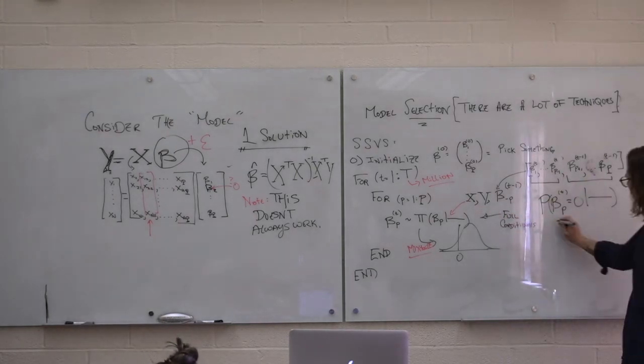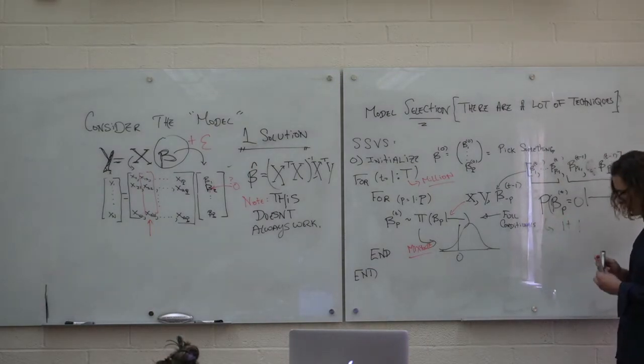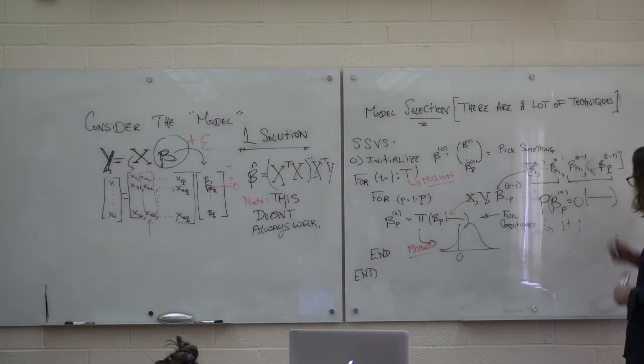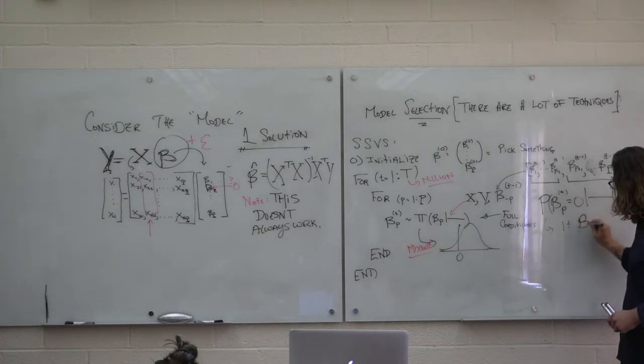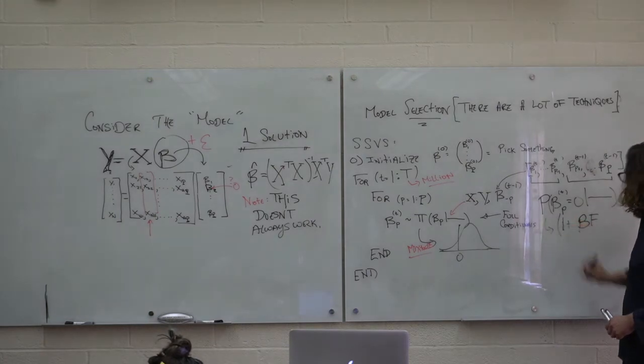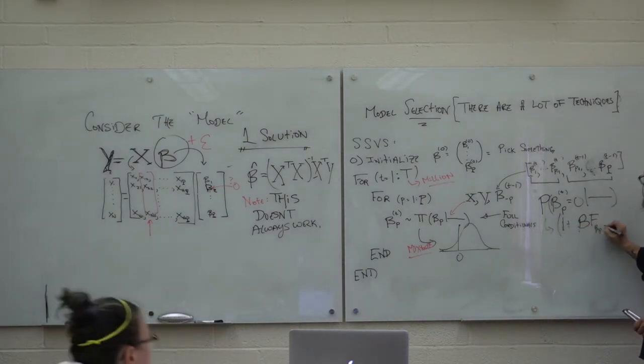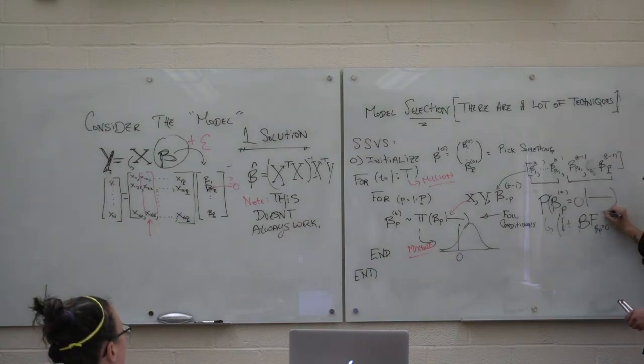This probability right here is 1 plus the Bayes factor for beta P equal to 0, inverted.